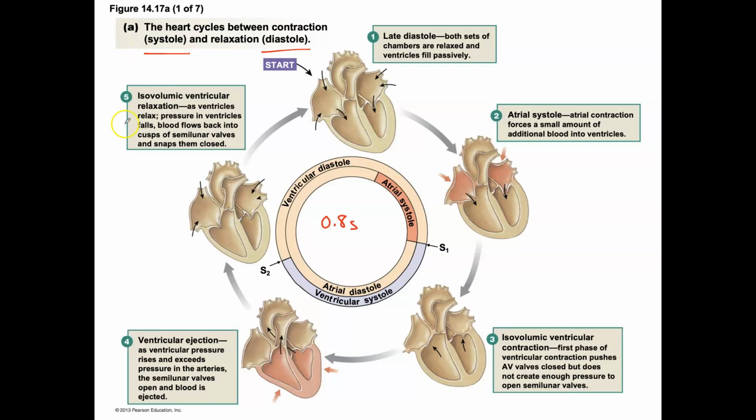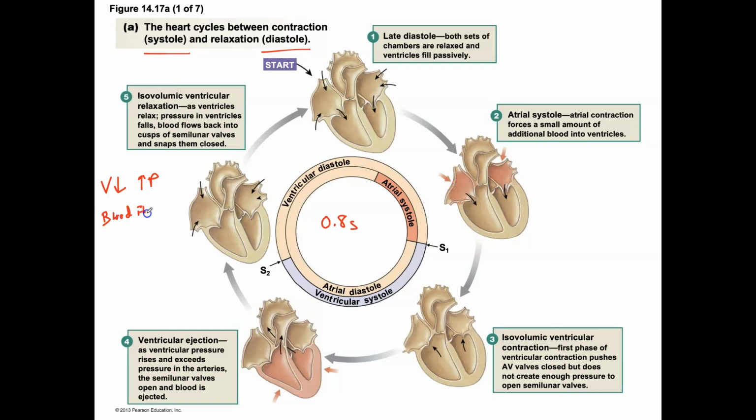In essence, when the volume of a chamber is decreasing in size, there will be a subsequent increase in pressure. So as the chamber size gets smaller, the pressure can increase within the chamber, and then we can begin to move blood.